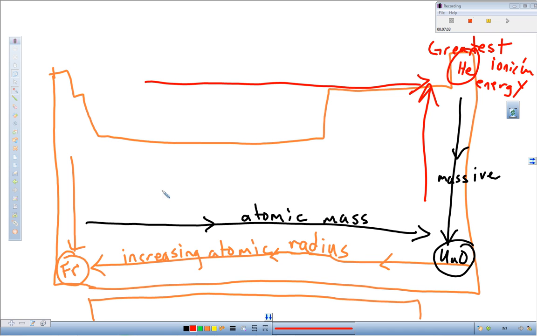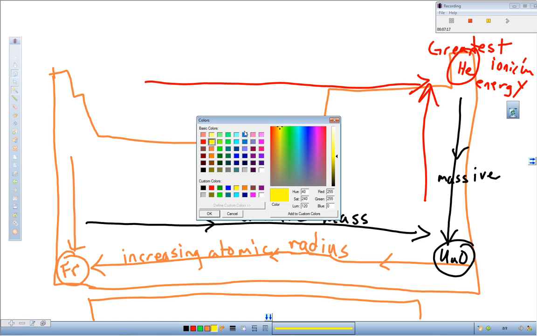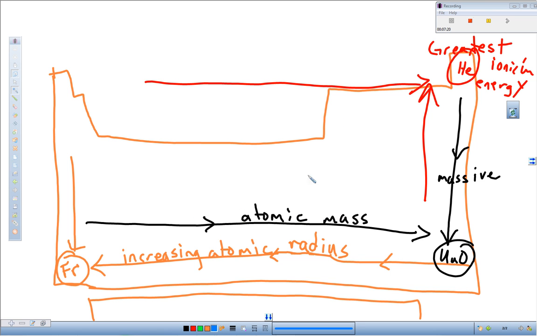What about the last one, electronegativity? Who is the most electronegative? Does anybody remember that from your lab? Maybe we should do this in blue. Who is the most reactive non-metal? Fluorine. Right here. I'm going to redraw that line.